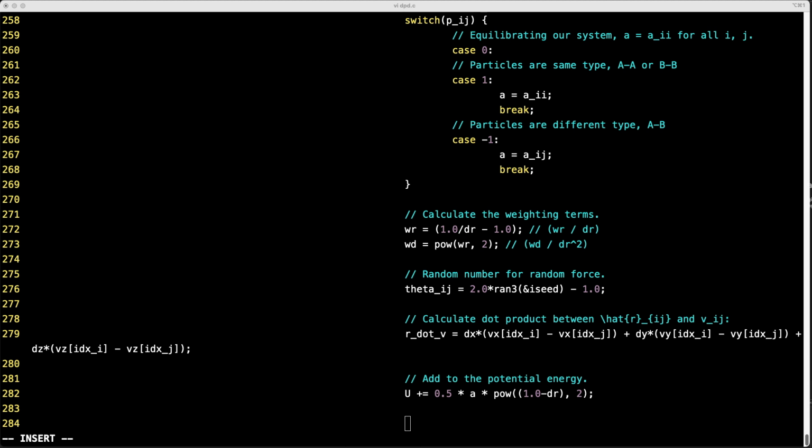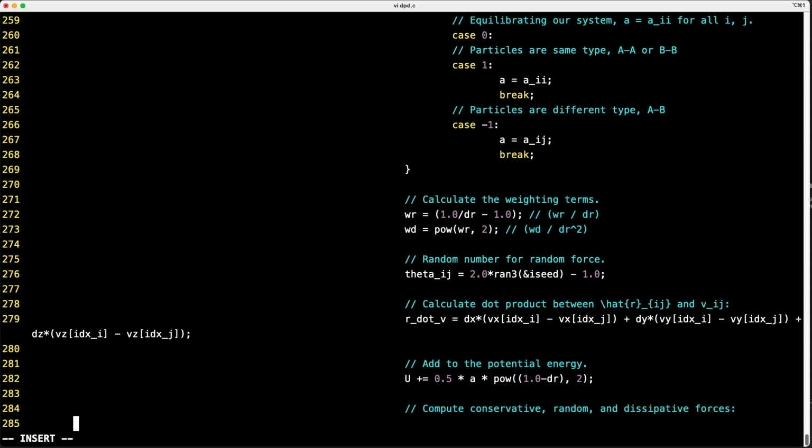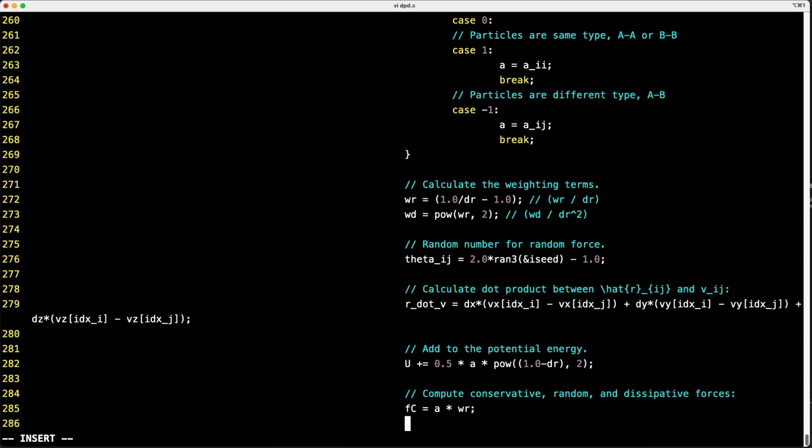So now we can compute the forces and add them to our force arrays. So compute the conservative, random, and dissipative forces. So the conservative force is going to be, what do we say, A times that weighting factor.